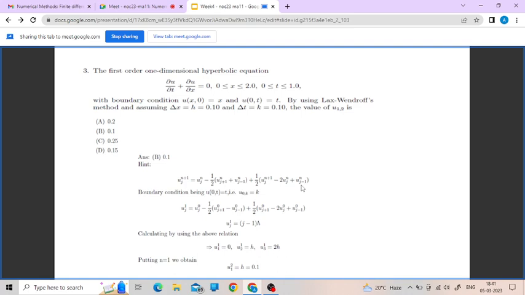Just try to solve it and verify your answer with the steps.